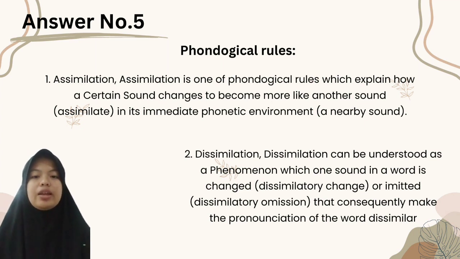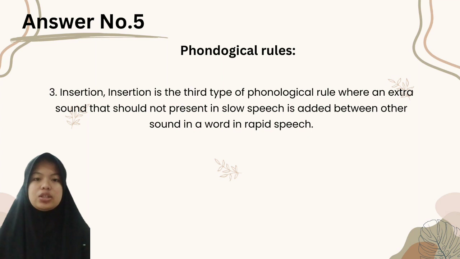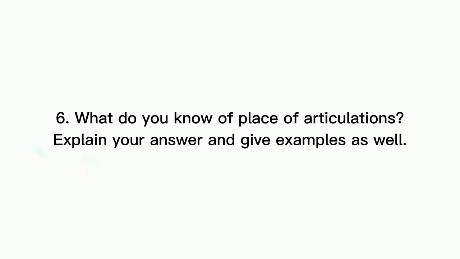Dissimilation can be understood as a phenomenon in which one sound in a word is changed or imitated that consequently makes the pronunciation of the word dissimilar. The third is insertion. Insertion is the third type of phonological rules where an extra sound that should not be present in slow speech is added between other sounds in a word in rapid speech.